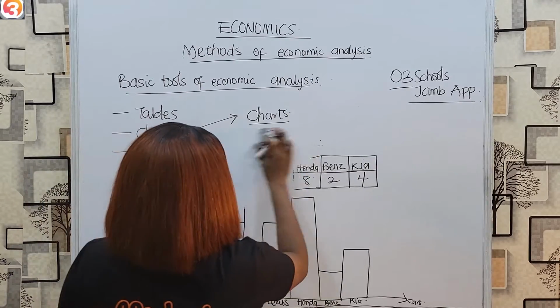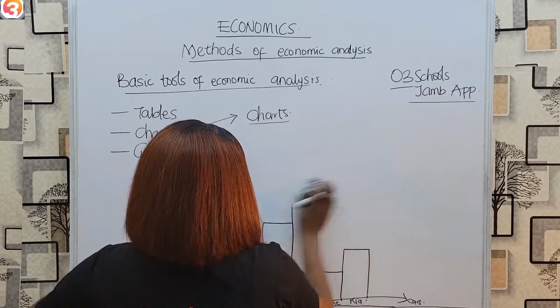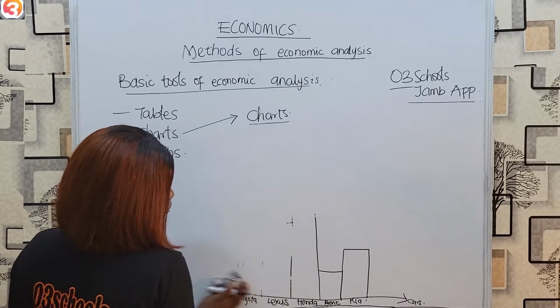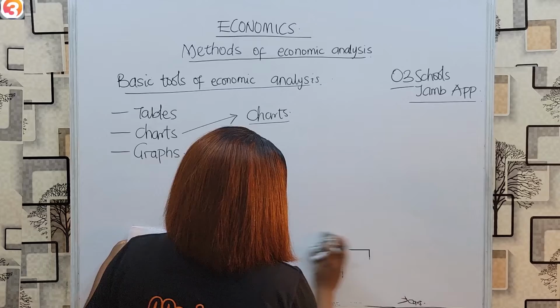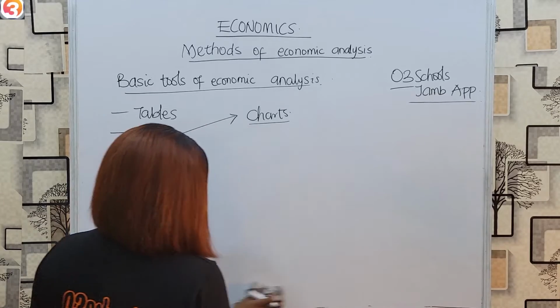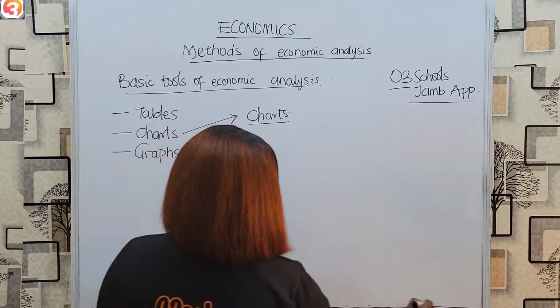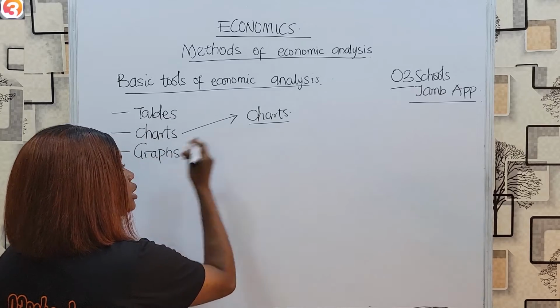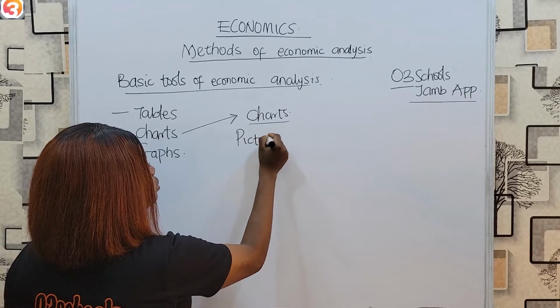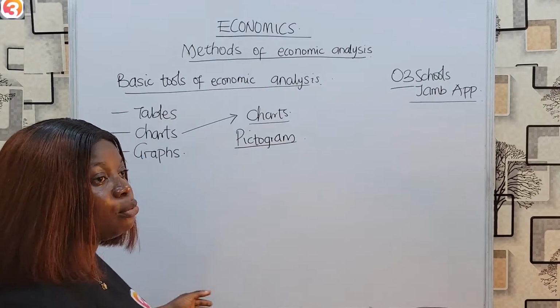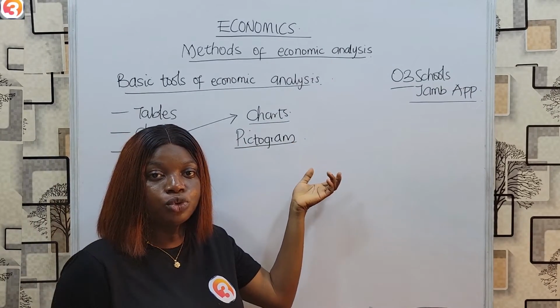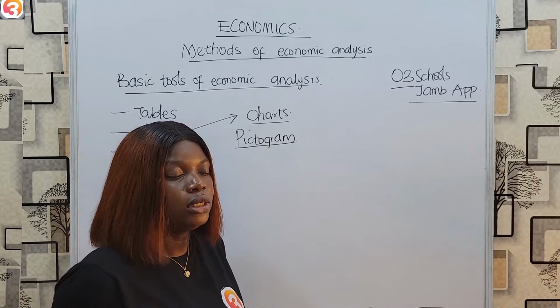The next one we'll be looking at is pictogram. Pictogram is very self-explanatory. In this case, pictures are used to represent data. So for example, if we are talking about apples, pictures of apples will be used to represent this data.